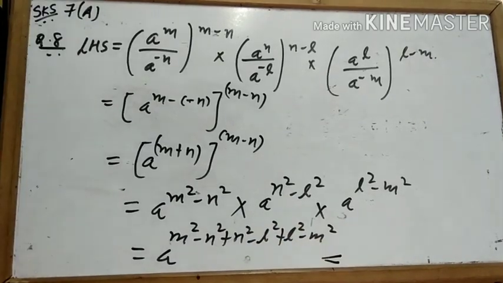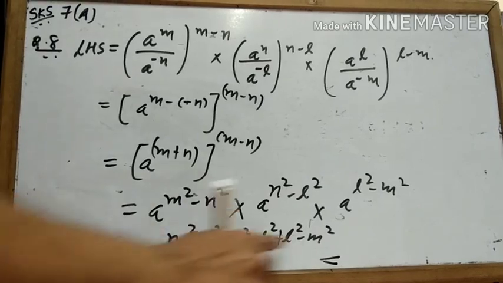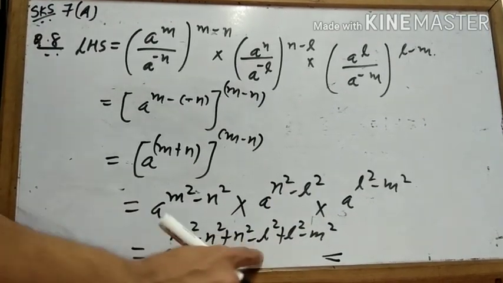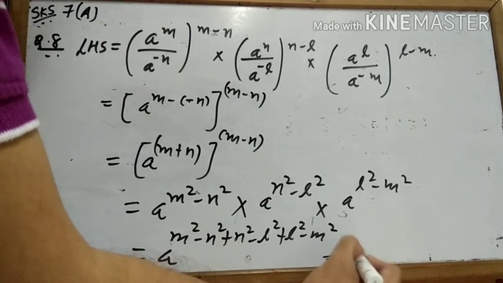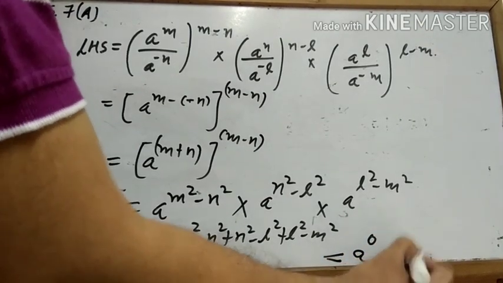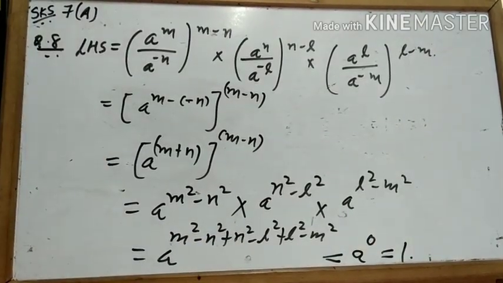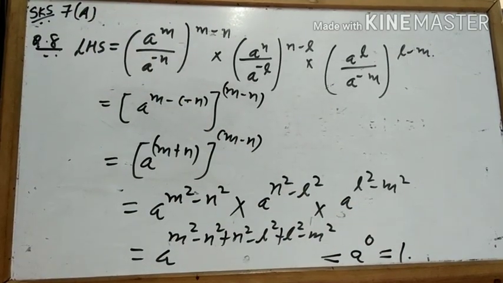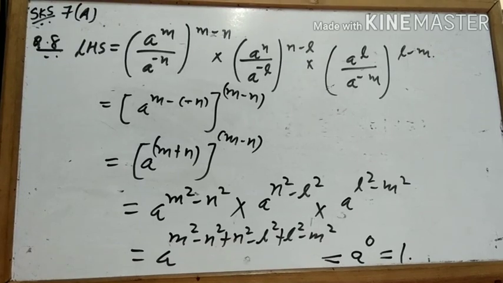If you are observant, m square minus m square is 0, negative n square plus n square is 0, negative l square plus l square is 0. This becomes a raised to 0, which is equal to 1. And if you look at RHS, RHS is also 1. So we have proved LHS equal to RHS.